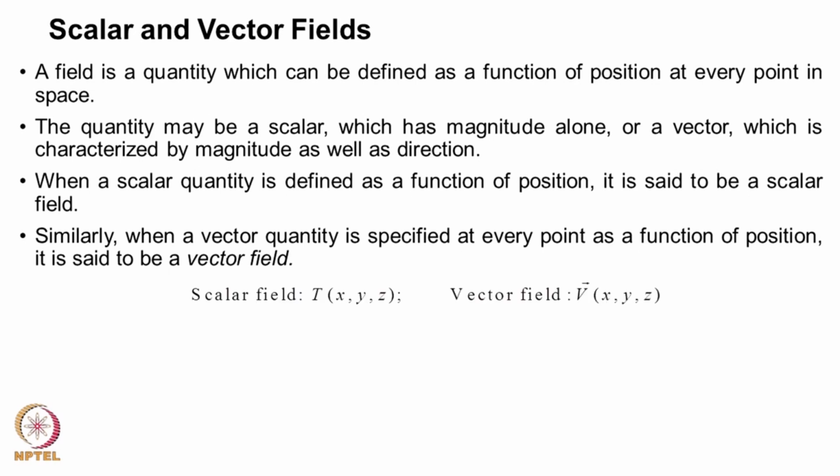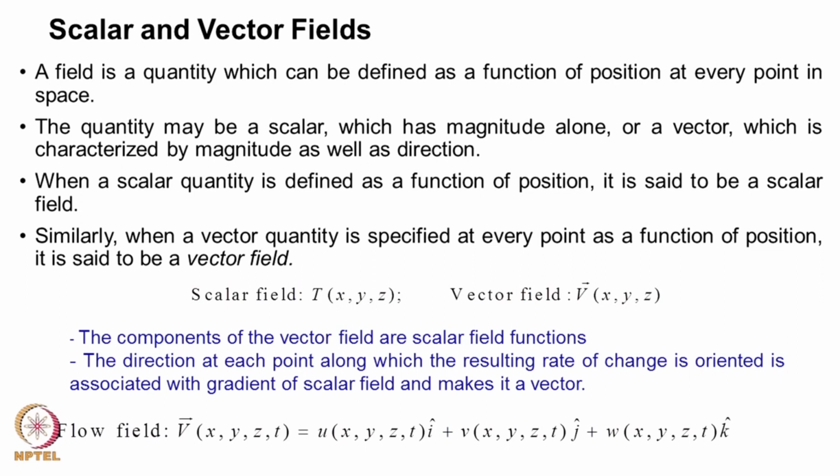For example, temperature is a function of x, y, z, and if you prescribe temperature, then it becomes a scalar field. Similarly, when the vector velocity is defined, then it becomes a velocity field. Because it is direction dependent, you can also take a component. Components of a vector field are called scalar field functions.